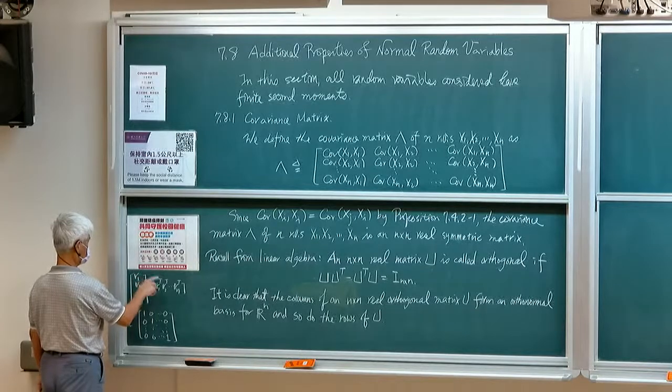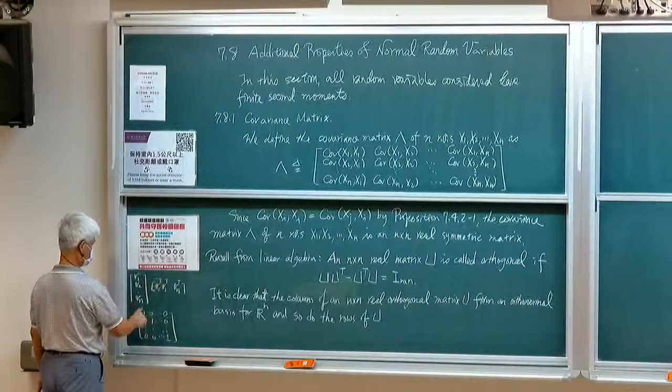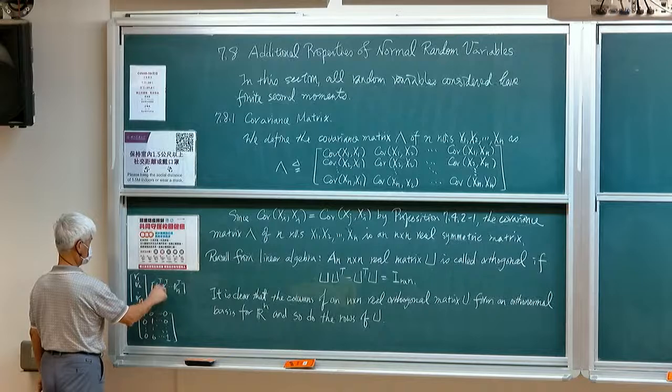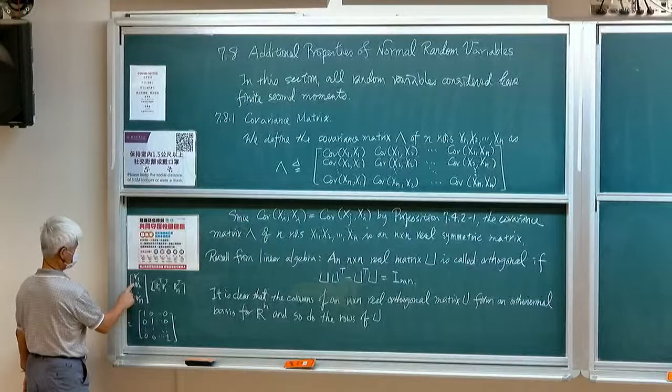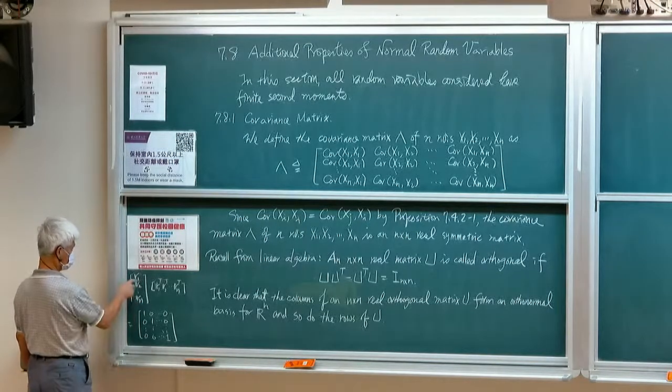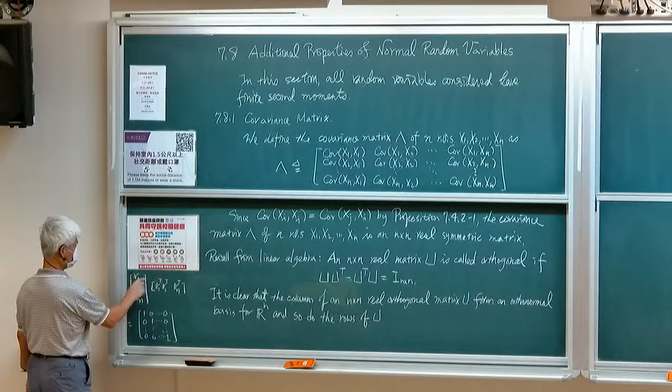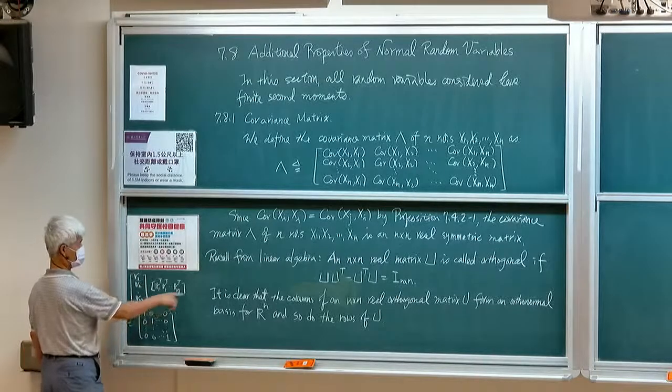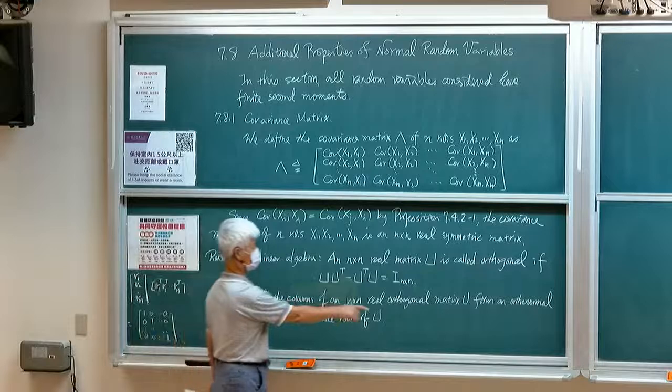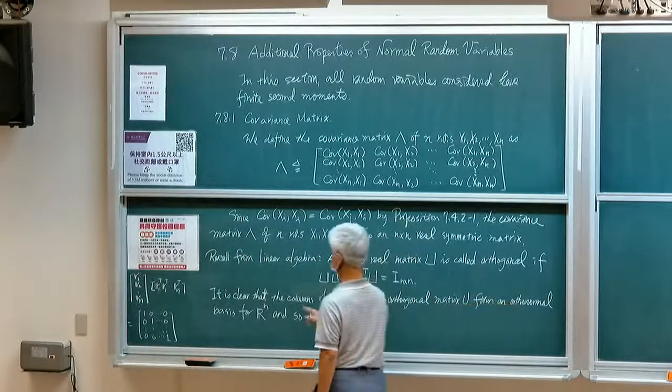So R1 times R1 transpose is equal to 1, and R1 times R2 transpose is 0. So the first row and second row are orthogonal. Different rows are orthogonal to each other, but the length of each row is equal to 1. Okay, so that's why they form an orthonormal basis.